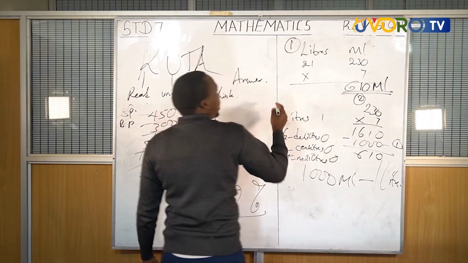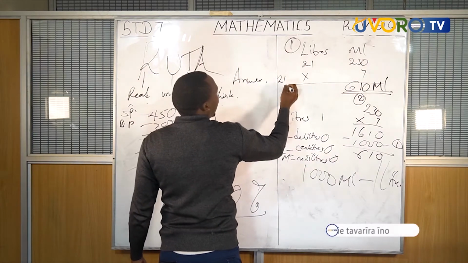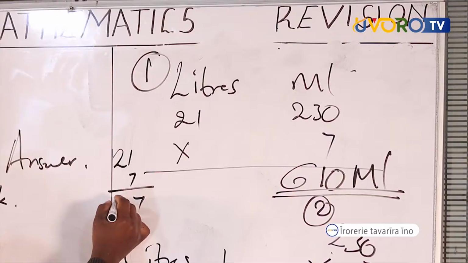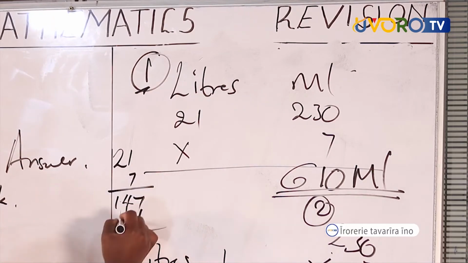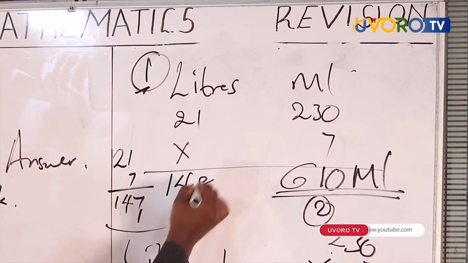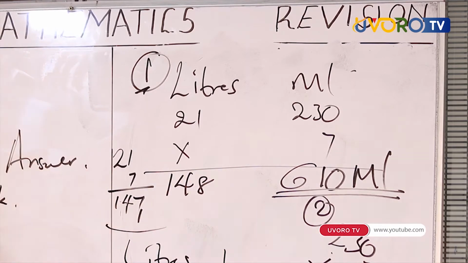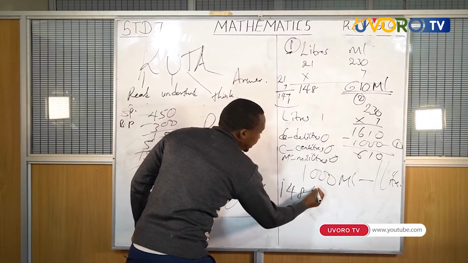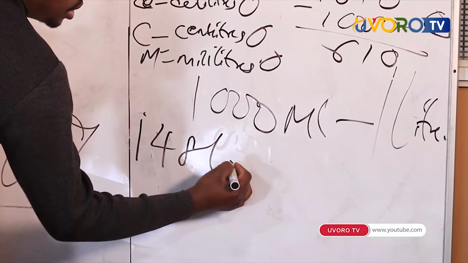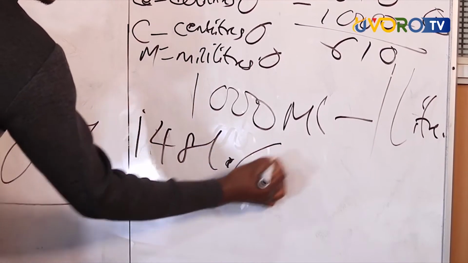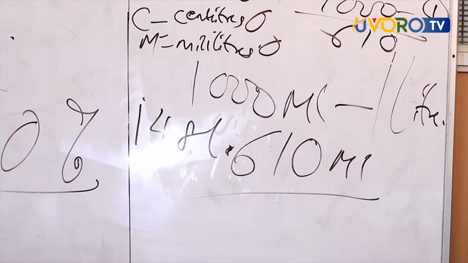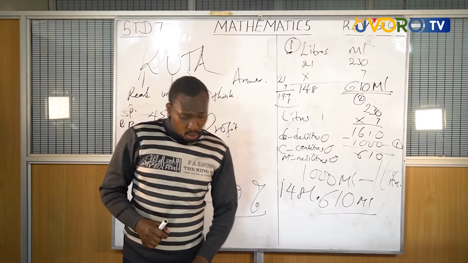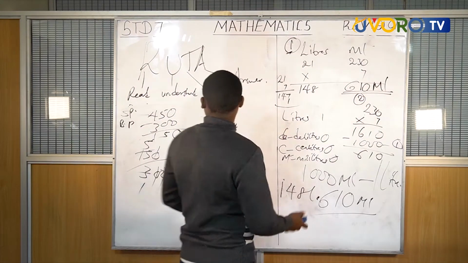Now, come here on this side. 21 times 7, 7 times 1 is 7. 14 plus what we carried plus 1, 148. So what is the answer? 148 liters. And how many milliliters? 610 milliliters.